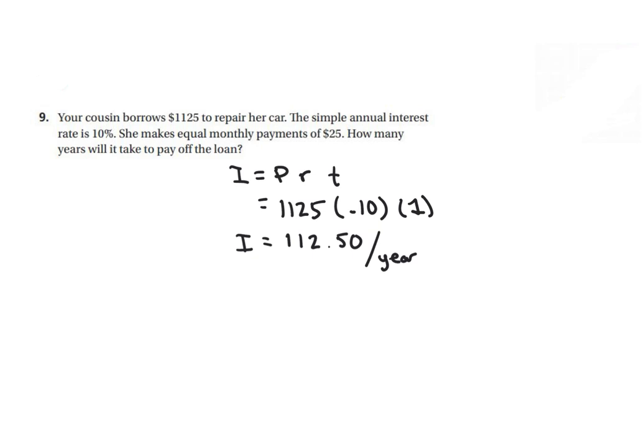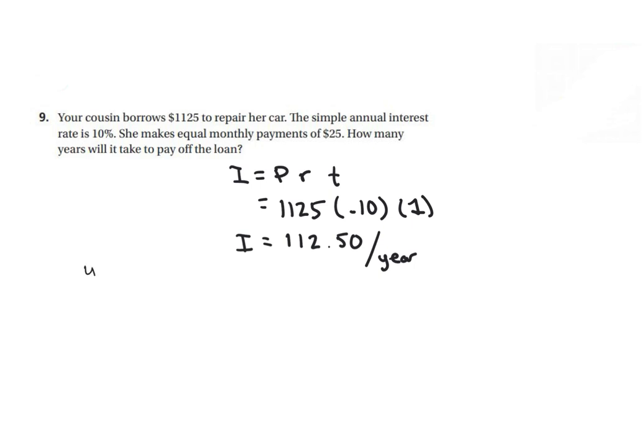From here, we need to take this information a step further because it's asking how many years will it take to pay off the loan. So we're going to need to make a large table. Our table is going to need to have years, money, and how much of the loan is paid off.